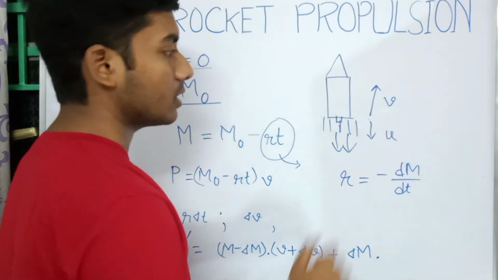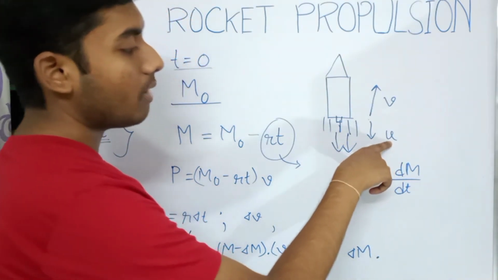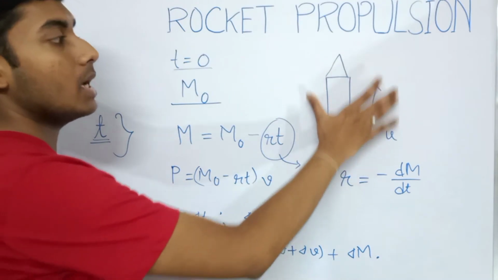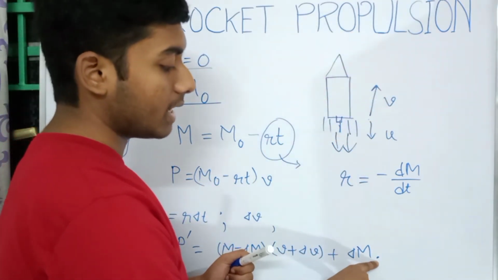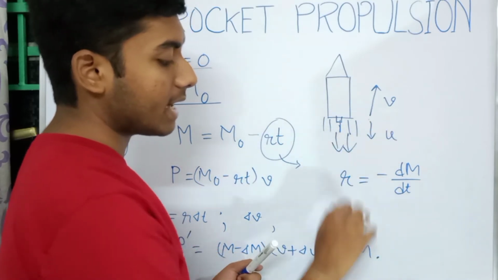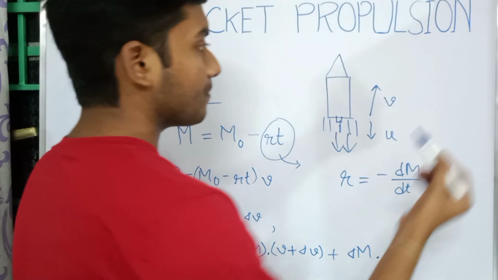However, the velocity of the gas, that is u, we have considered with respect to the rocket. So here we have to write the velocity of the ejecting gas with respect to the ground. So what will be that?